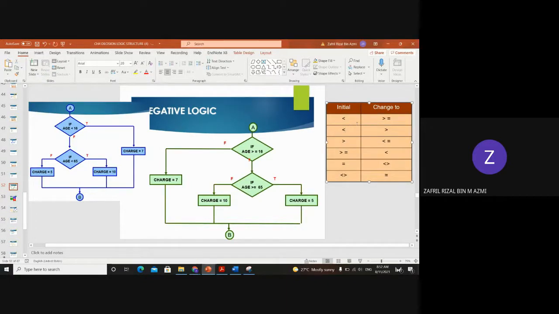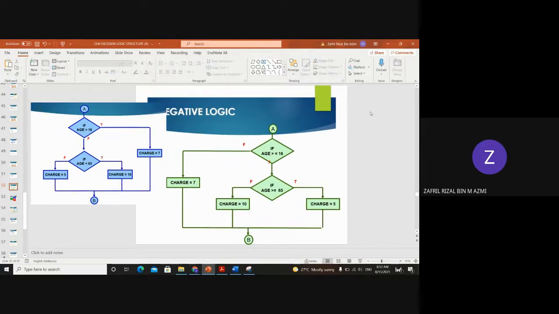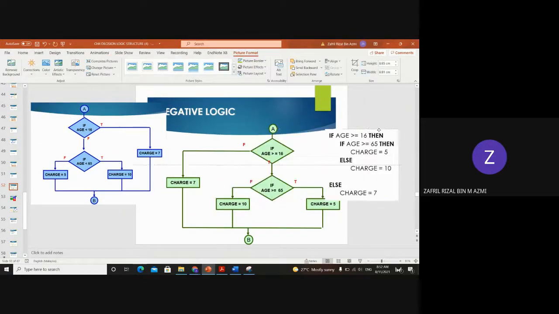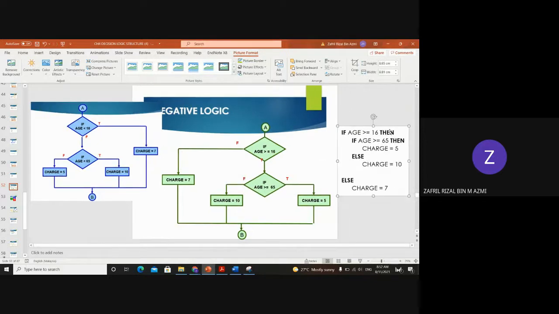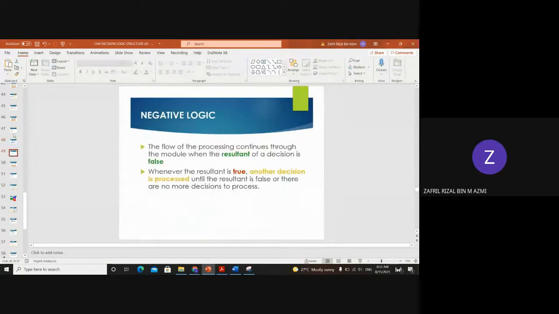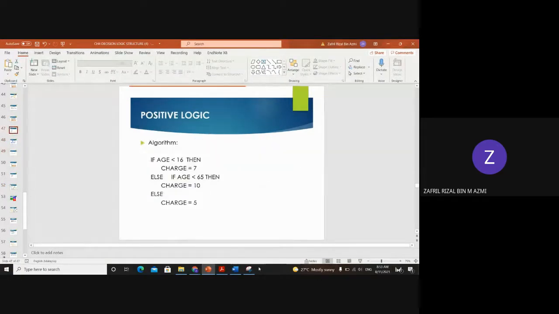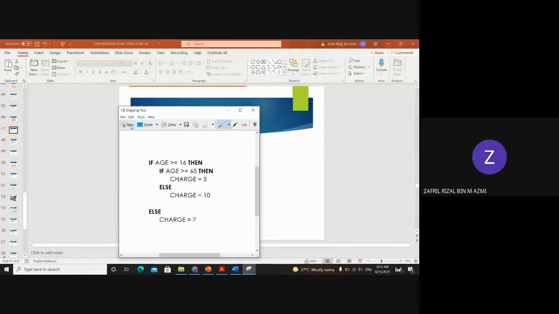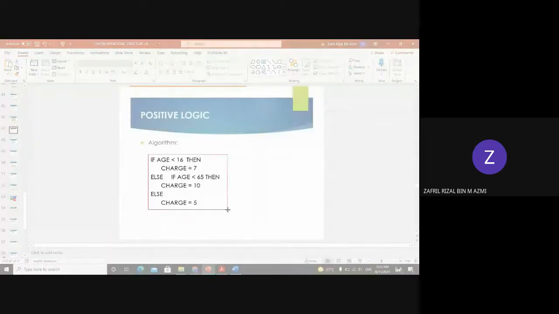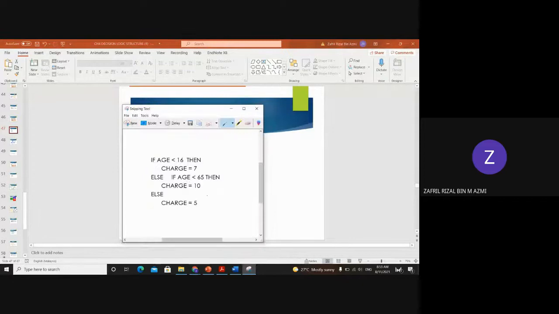Let me remove this first. Compared to this one, this is what we used last week. This is normal.